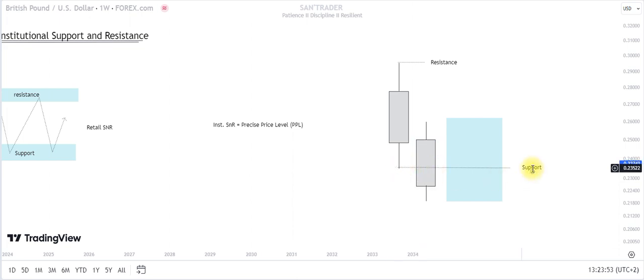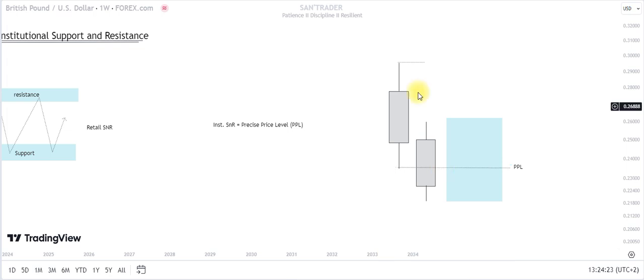So now let me use PPL instead of, so you will have your PPL there. As I told you, support can become resistance and resistance can become support, so this is why I use PPL instead of support and resistance. But these levels will act as true support.